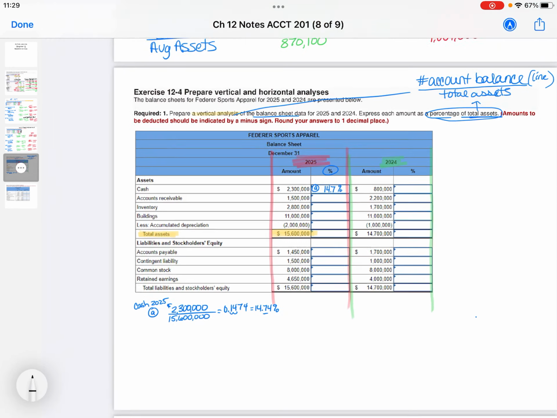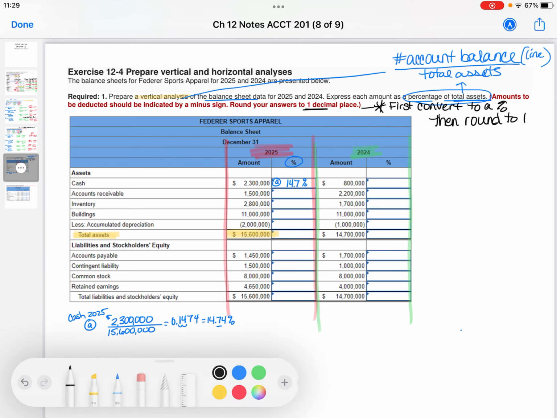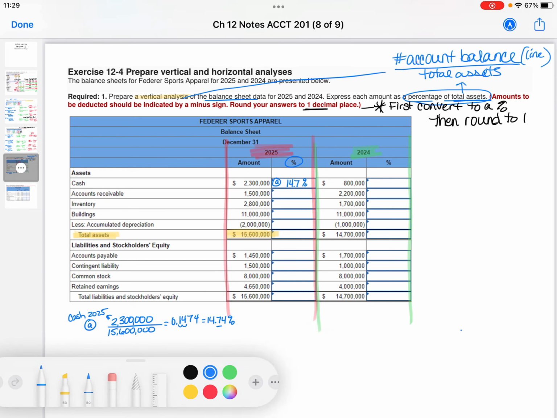So that was worth noting at the top. It says to round to 1 decimal place, but what we have to remember is to first convert to a percentage, then round to 1 place, okay? All right, so that is our first one.